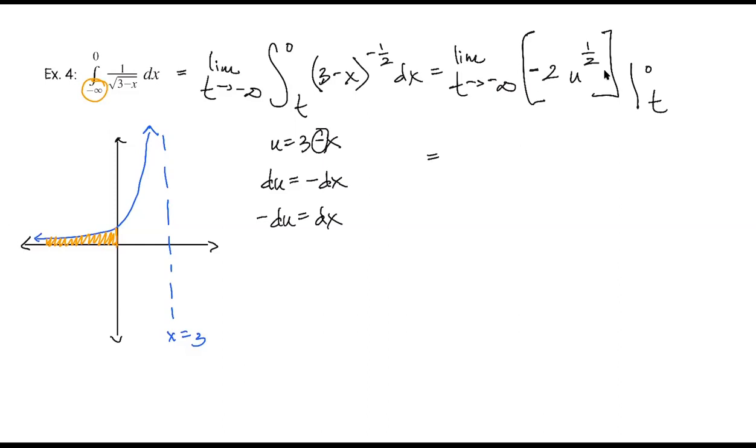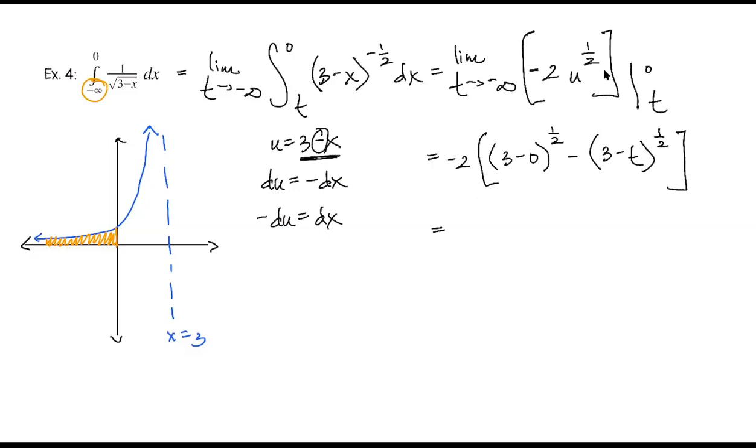All right, so I'm going to bring the negative 2 out to the front. And then I'm going to plug 0 into my 3 minus x, okay? So 3 minus 0 to the 1/2 minus 3 minus t to the 1/2, okay?